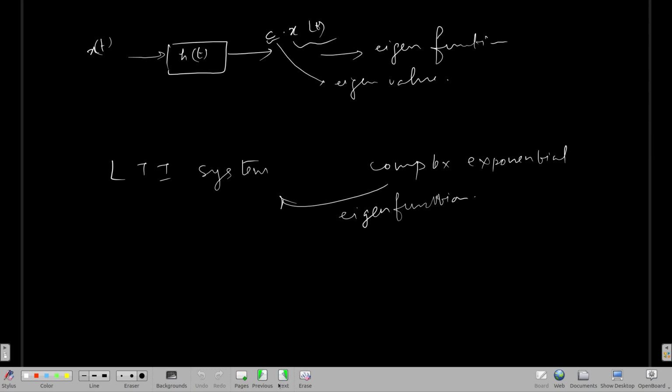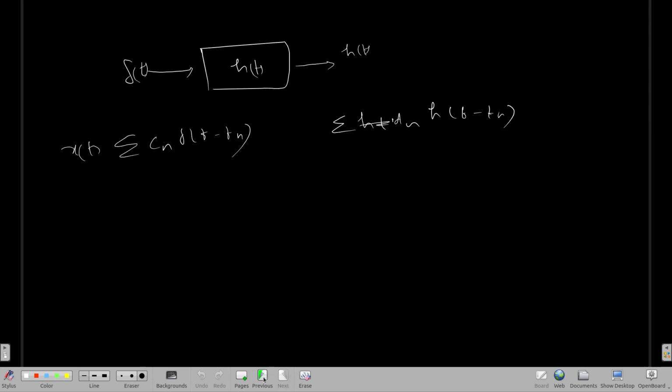So what we will do is, earlier we represented x of t, the input, and the output in terms of the impulse function, impulse and impulse function and their relation.